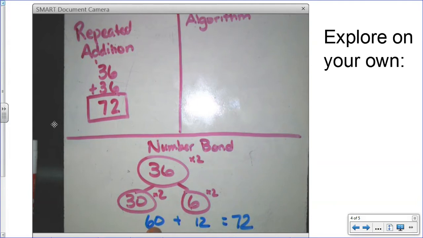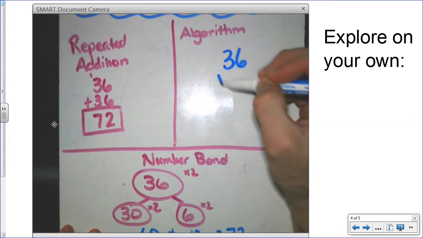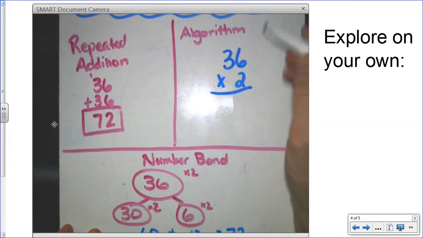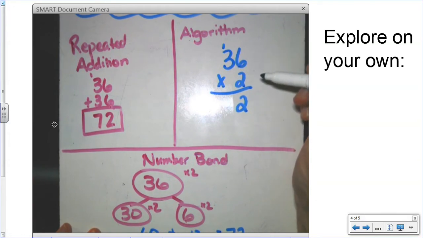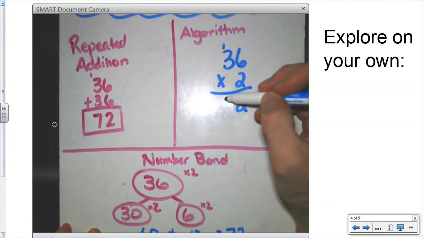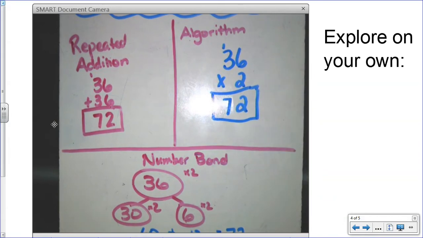So the 60 really becomes 7 tens, or 70. So we have 72. If I'm multiplying this out using the algorithm, 36 times 2 is 12 in my ones place. 3 times 2 is 6 tens, plus 1 is 7 tens. So all of my different strategies agree.